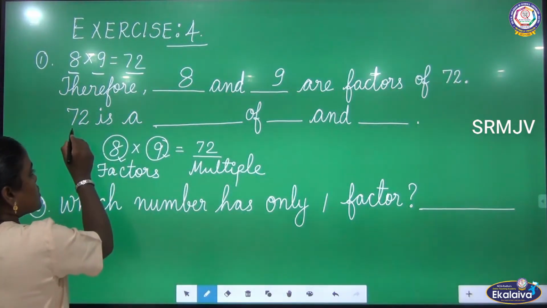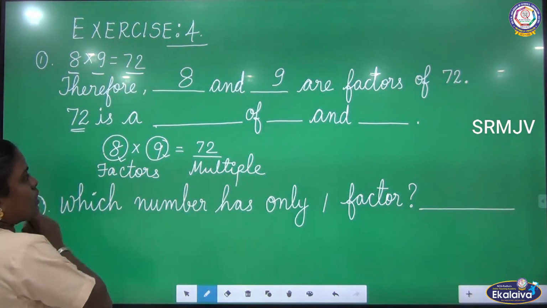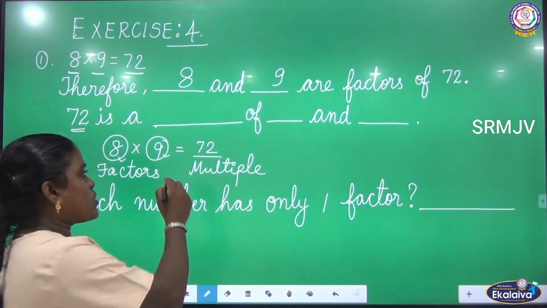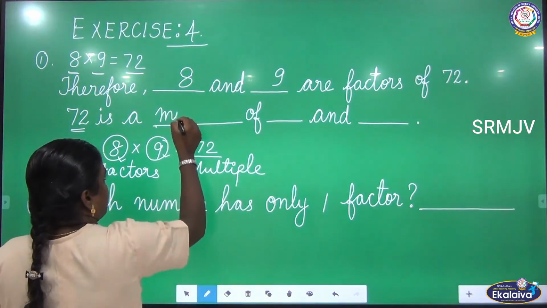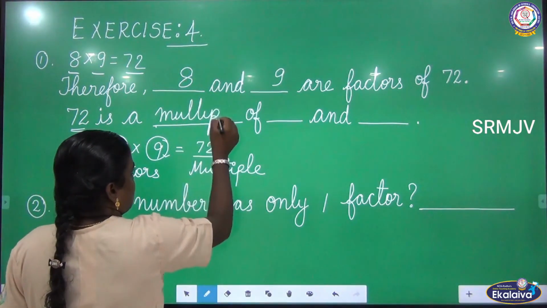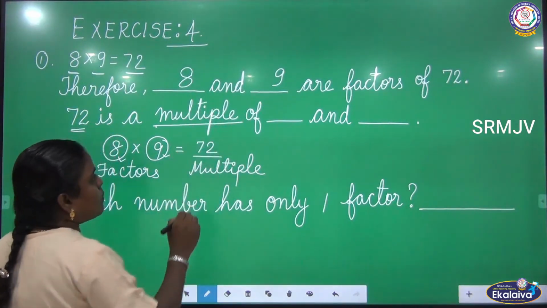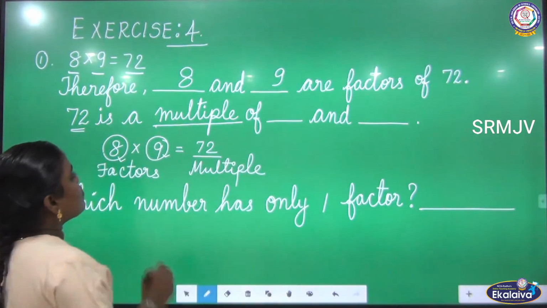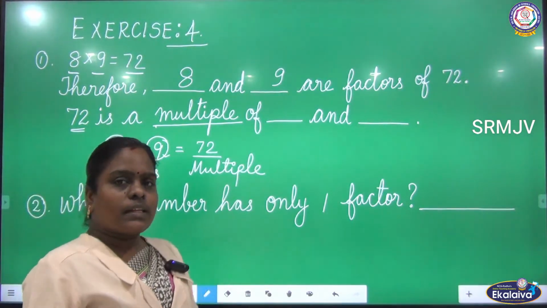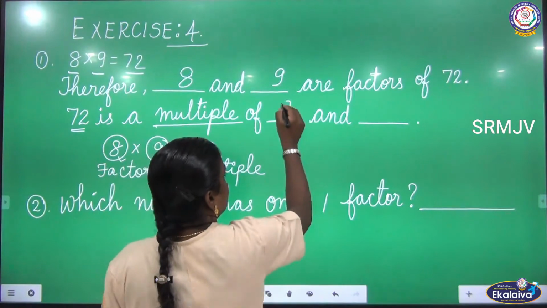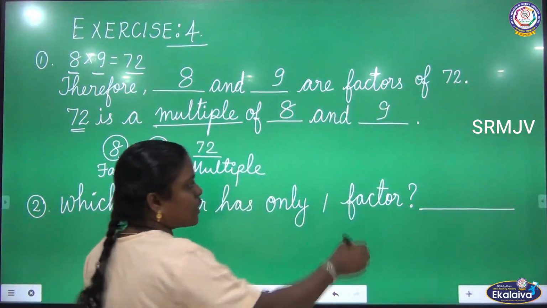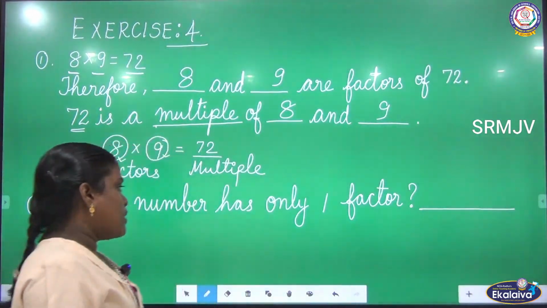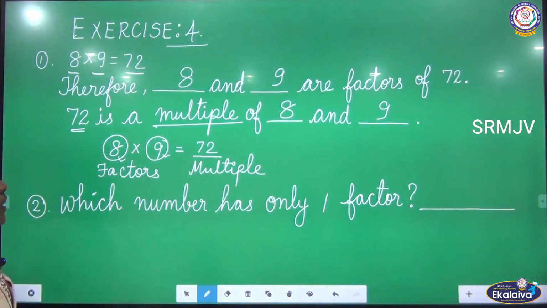Listen, 72 is a product and we call the product a multiple. So 72 is a multiple. Yes, a multiple definitely has factors, right? So here what are the factors of 72? 8 and 9. So 8 and 9 are the factors. 72 is the multiple.